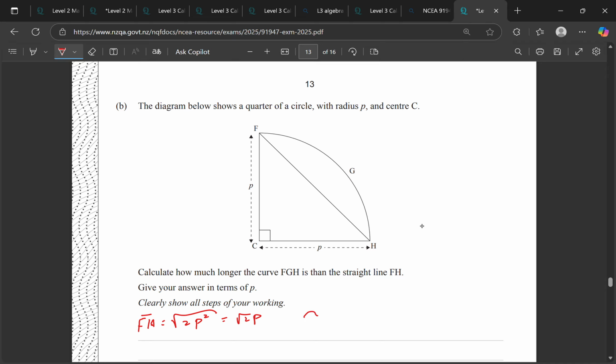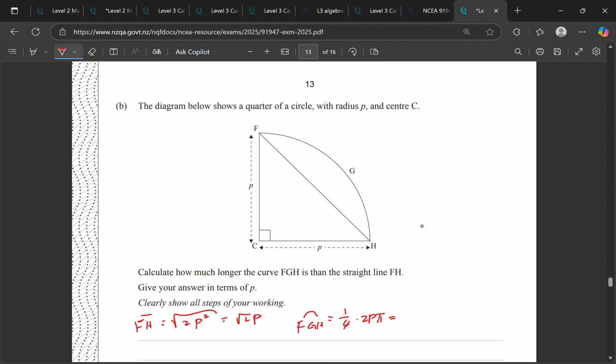What about arc length? Oh, this is early, I'm going to change this. FH I'm talking about. And arc length FGH is a quarter of the circumference. So a quarter times circumference 2 pi r, so that's 2P pi.